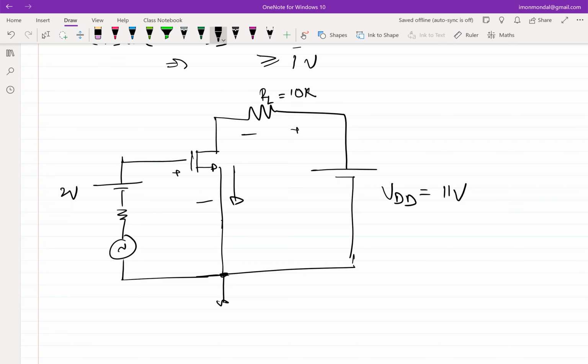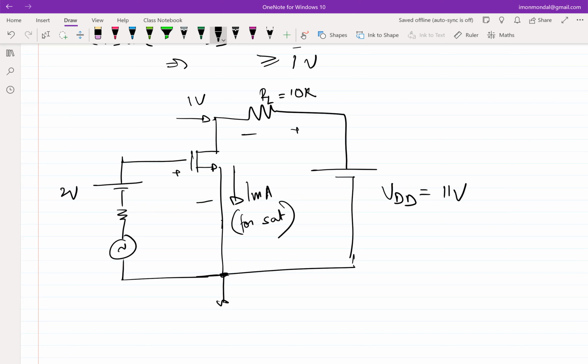This current was 1 milliamp because that's how we had set it up under the condition of saturation, right? So I know that this voltage will be at least equal to 1 volt, and we are safely in the saturation region of operation.